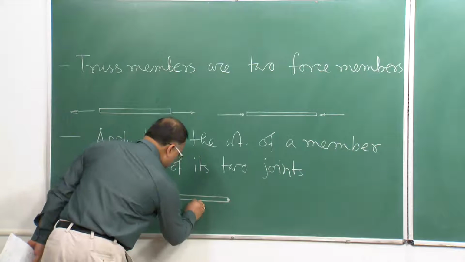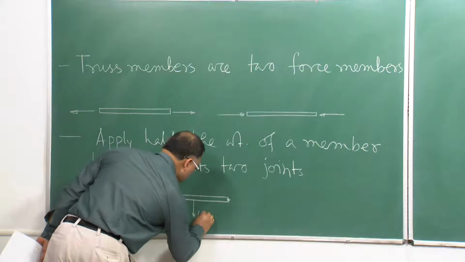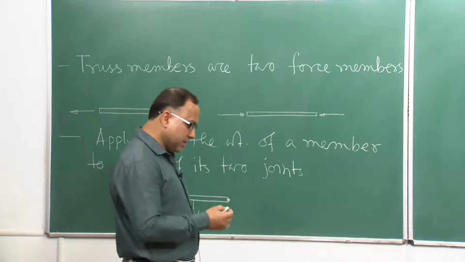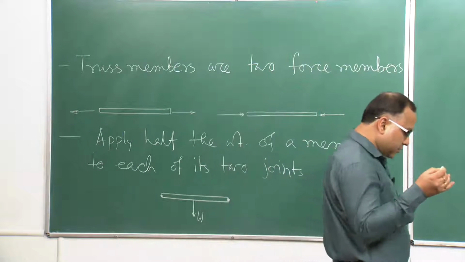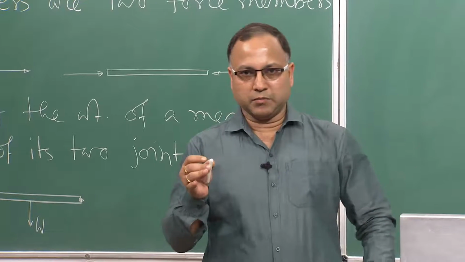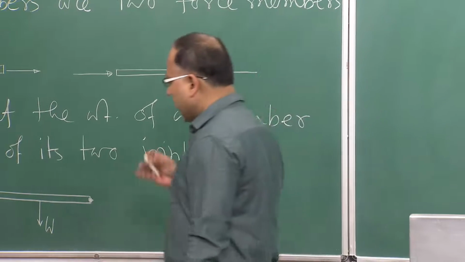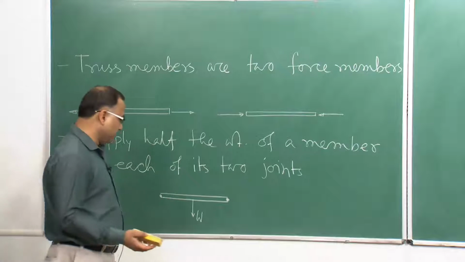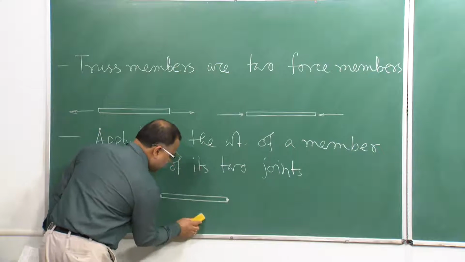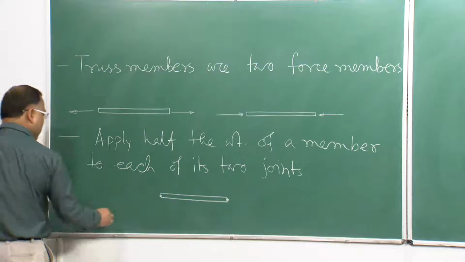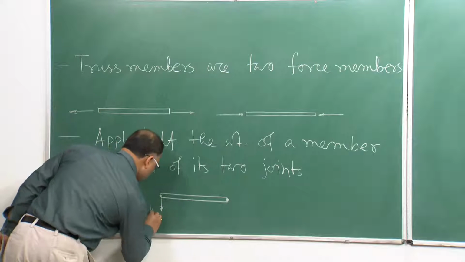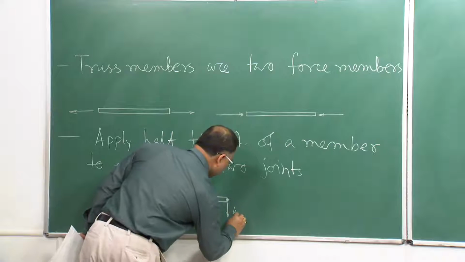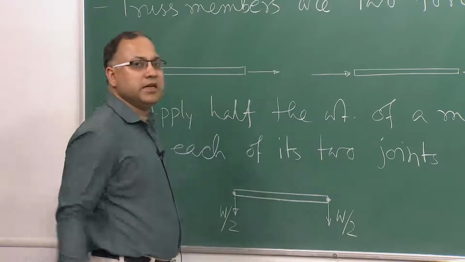The self weight W can be assumed to act at the center of gravity of the member, but as we have decided that no force will be applied in between the member, we distribute this force as half of W at each end.